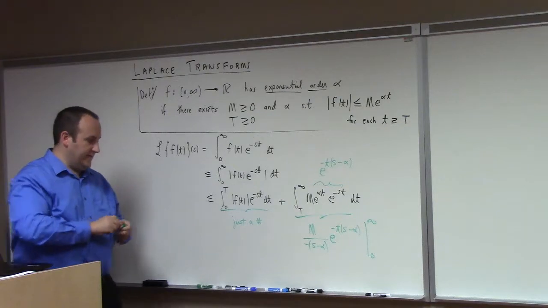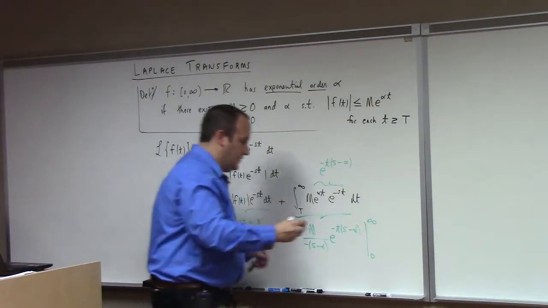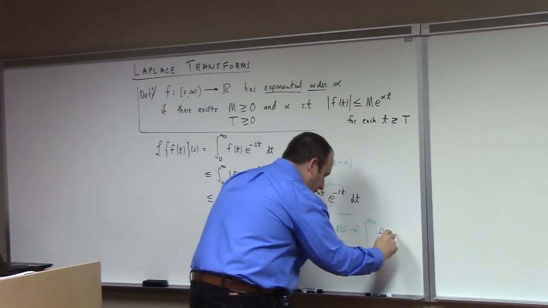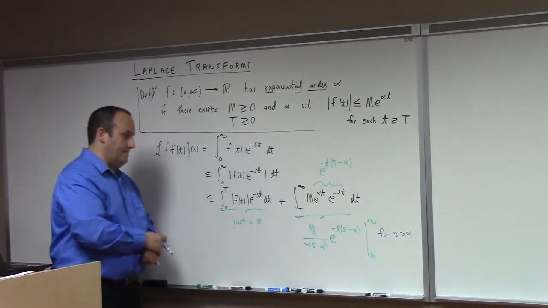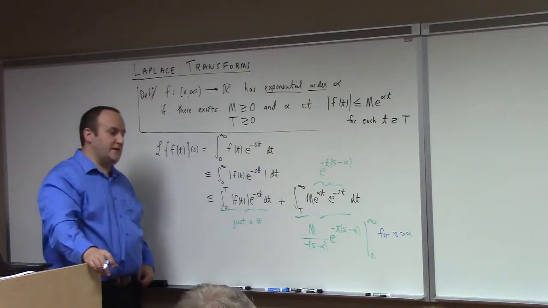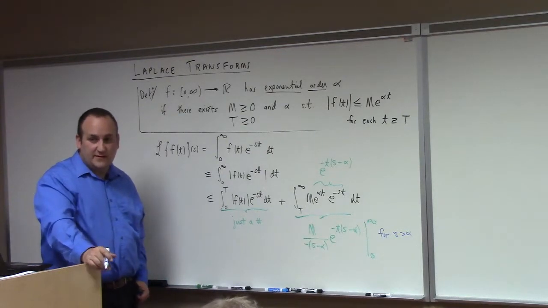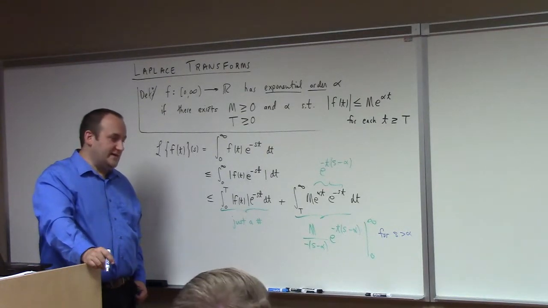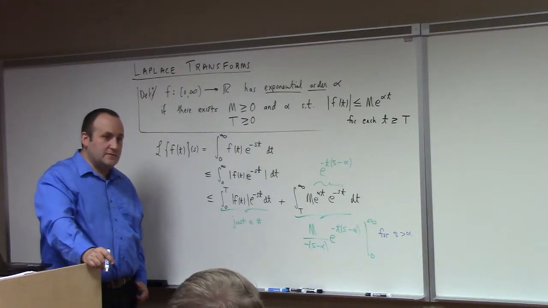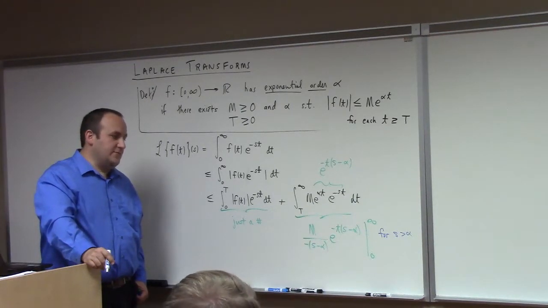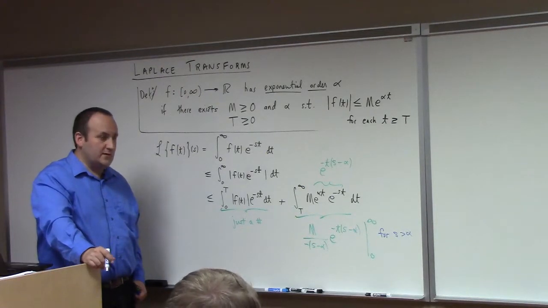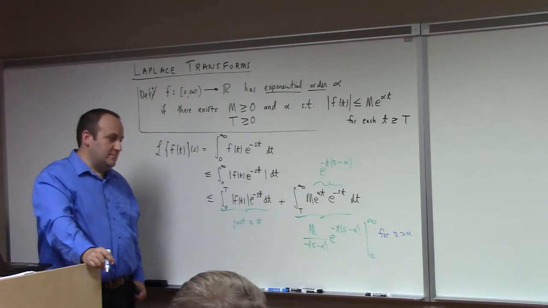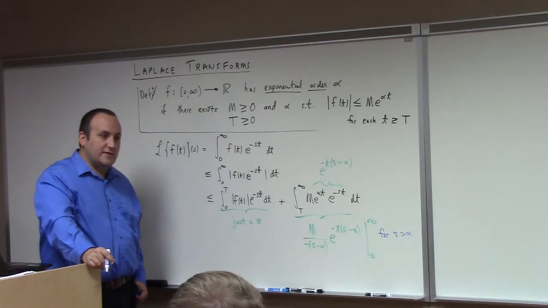But if s is greater than alpha, what do we get? If s is greater than alpha, s minus alpha is positive, right? So minus t times s minus alpha is negative. So if you plug infinity into t, you get e to the minus infinity, which is 0. And on the flip side, you get e to the 0, which is 1, right?